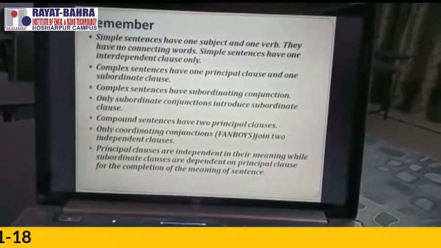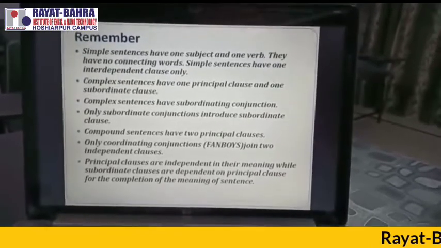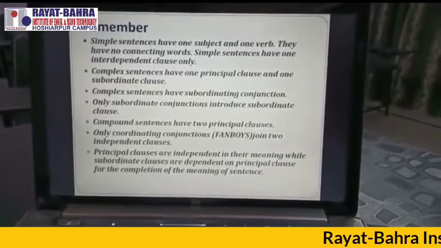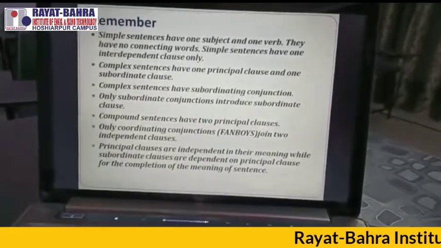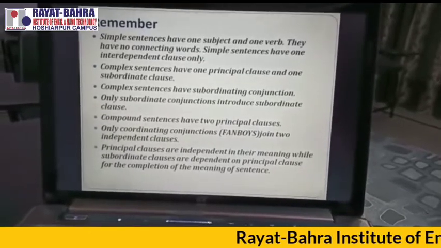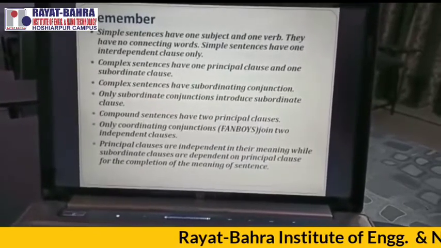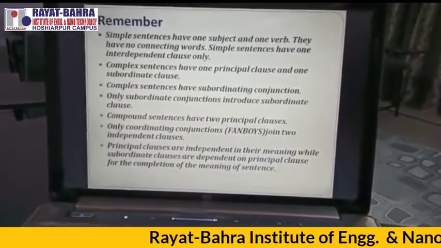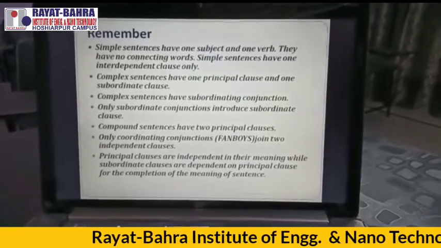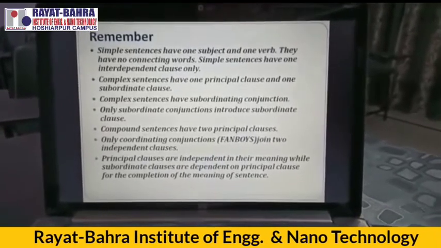Only subordinating conjunctions introduce subordinate clauses. Number 3, compound sentences have two principal clauses. Only coordinating conjunctions, that is FANBOYS, join two independent clauses. Principal clauses are independent in their meaning, while subordinate clauses are dependent on the principal clause for the completion of the meaning of the sentence.